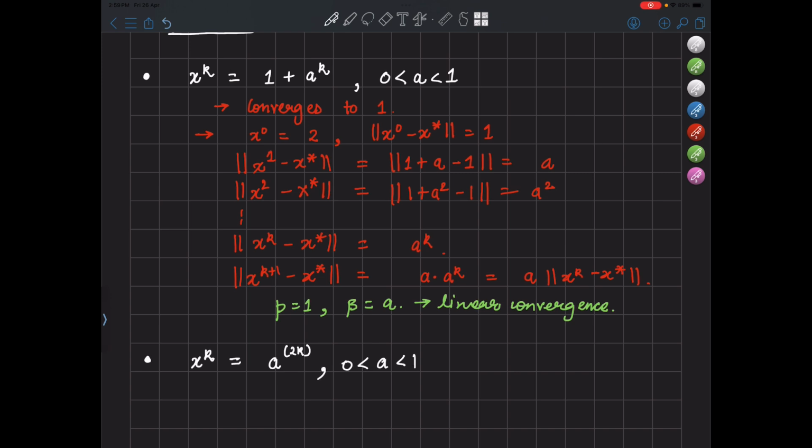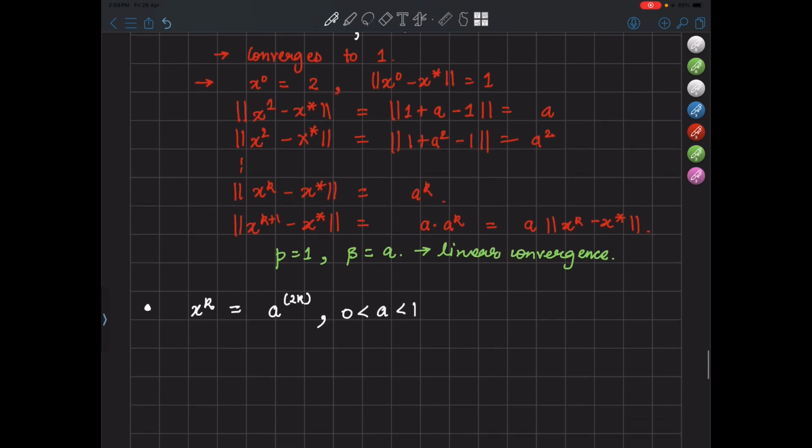So a is less than 1, but it is positive. What will this converge to? Let's say k goes to infinity. It's 2 to the power k, not 2 times k. As k tends to infinity, 2^k tends to infinity, and because a is less than 1, this will go to 0. So it converges to 0.